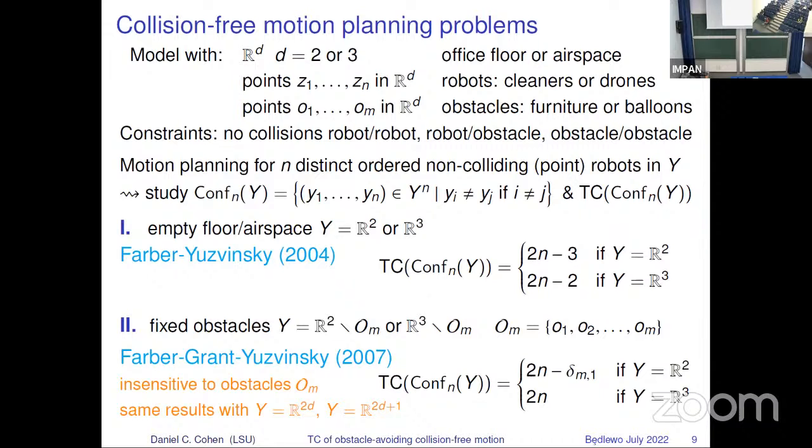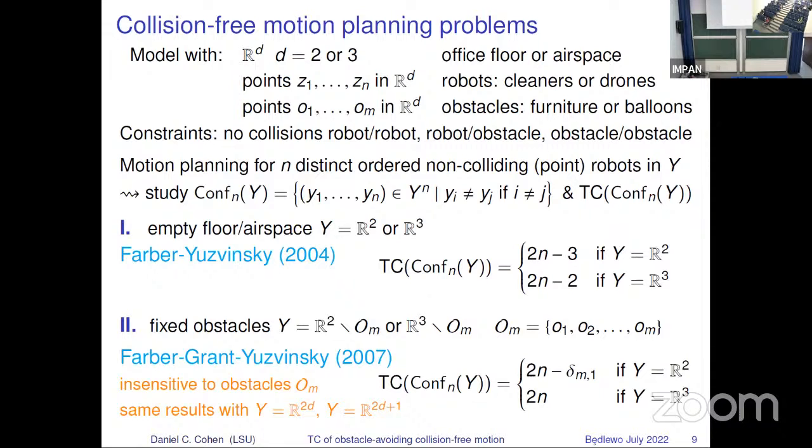If the floor is empty or the airspace is empty, we are trying to study the topological complexity of configurations in R2 or R3. This was computed by Farber and Yuzvinsky almost 20 years ago. And there are the numbers you get. Just off twice the number of robots.